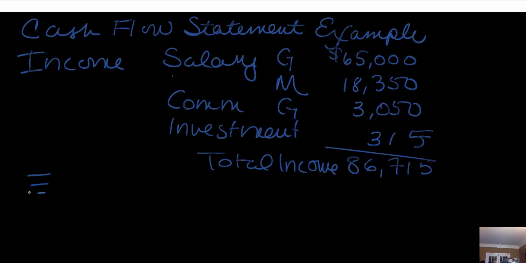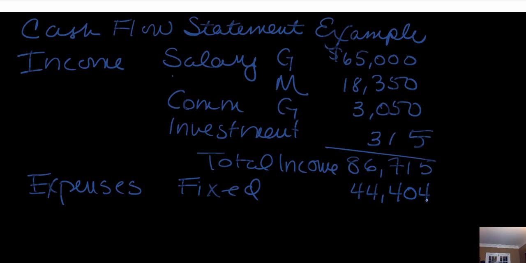Now on the expense side, they have fixed expenses that include things like their mortgage payment, their car payments, their insurance premiums, and loan payments. These total fixed expenses come out to $44,404.